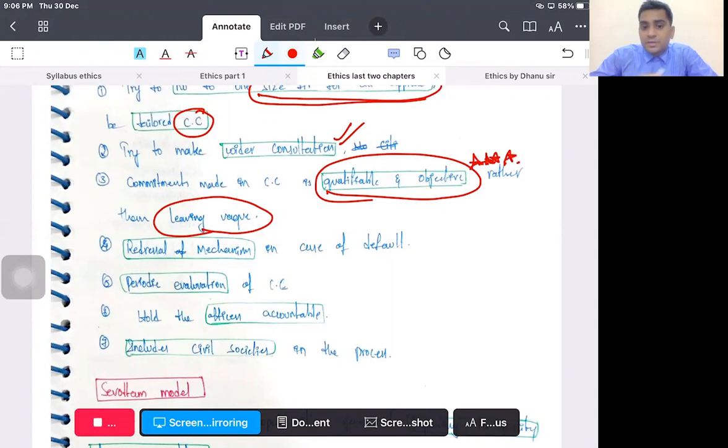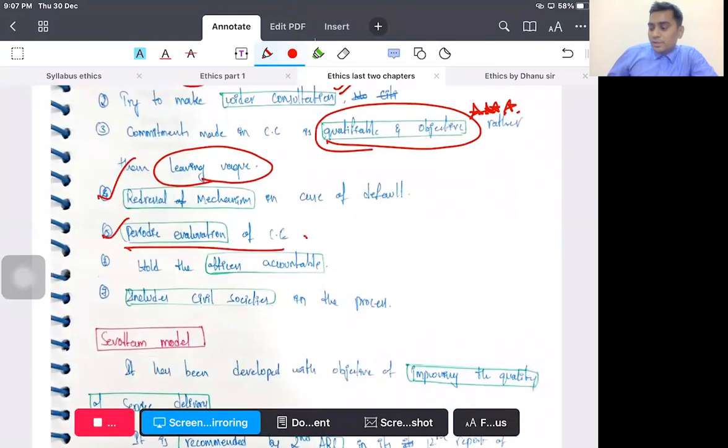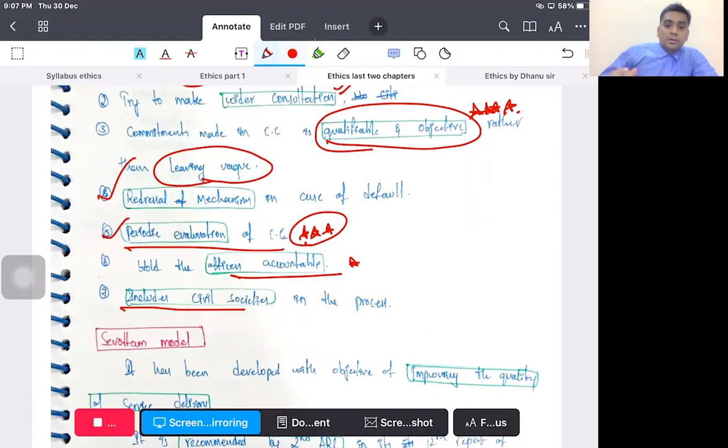Next, there should be a redressal mechanism in case of default, obviously. Periodic evaluation should be there because governance is a very dynamic thing. Hence, it has to change periodically. Next, hold the officers accountable if they are not keeping the citizens charter, and include all civil societies in the process, right?